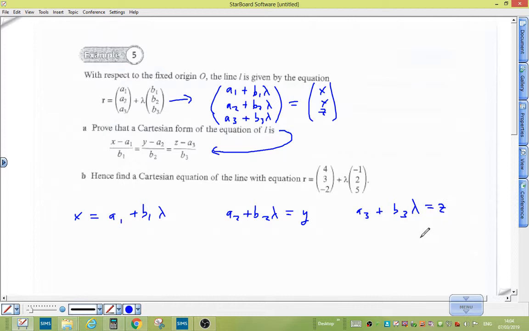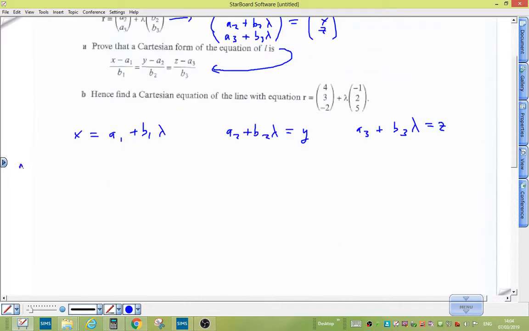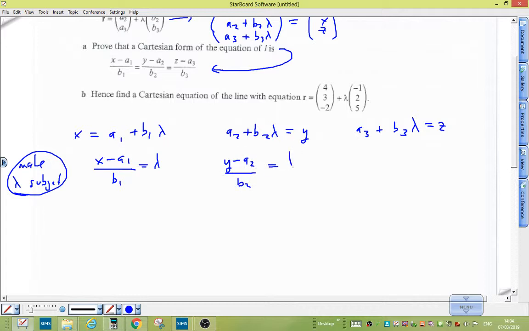And all you do now, and this is the trick, is make lambda the subject in each one of these. That's all you do. So it's really quick. x minus A1 all divided by B1 is equal to lambda. Next one is y minus A2 all divided by B2 is your lambda.